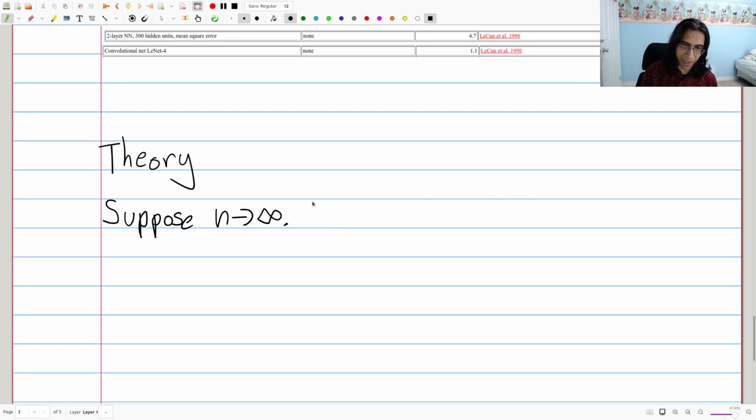Then we have that the loss of the one nearest neighbor classifier, that is the probability that, if it draws a new point, what is the probability that it's mislabeled according to the one nearest neighbor classifier? This is going to be less than or equal to 2 times the Bayes loss, the Bayes optimal loss, times 1 minus L Bayes.